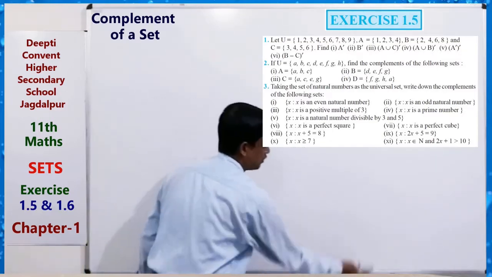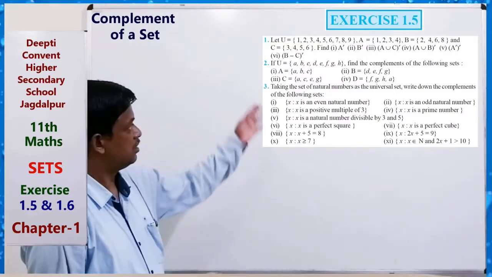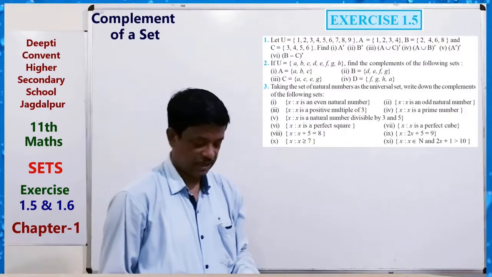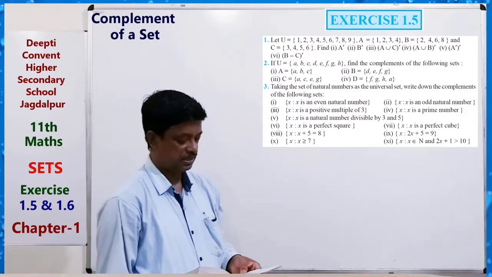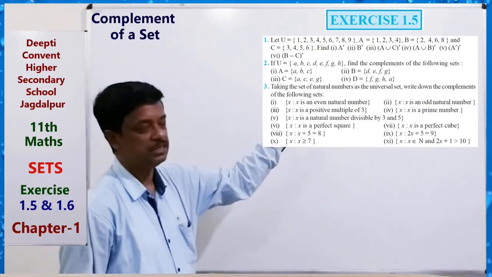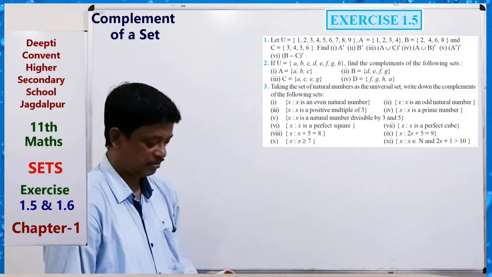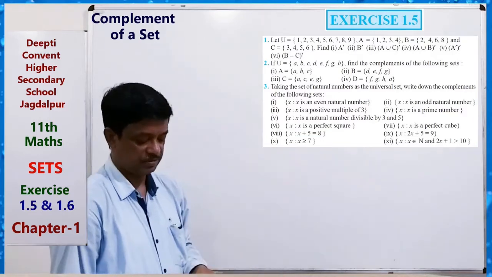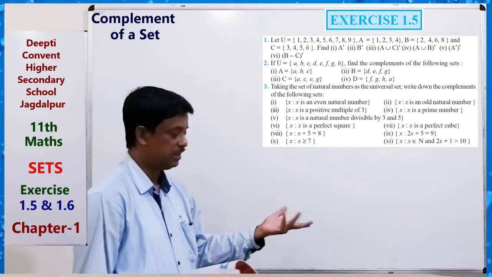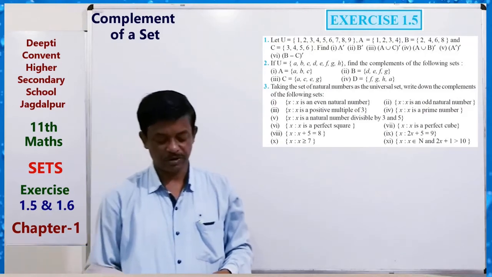Universal set A B C D E F G H, and find the complement of the following set: A B C. A dash, except A B C, all the elements from the set. What will be? A B C except D E F G H, complement of it. Similarly, complement of B, C, D you can find. So write it for your practice, okay, in your homework copy.